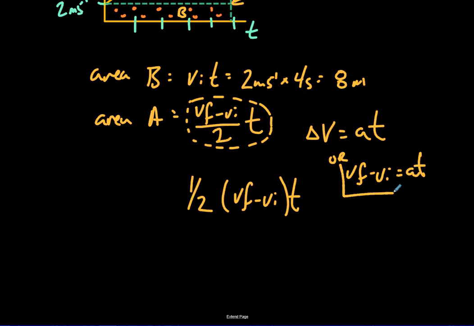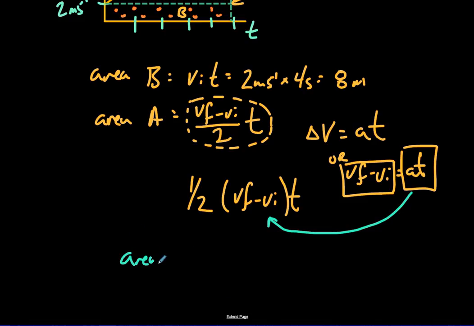So if I see vf minus vi, I know it's equal to a times t, and I can do a substitution. Wherever I see vf minus vi, I can put an at in there. So now we get this: area A is equal to 1/2 at times t, which is like saying 1/2 at squared.